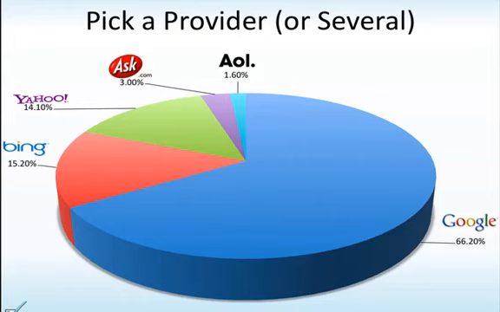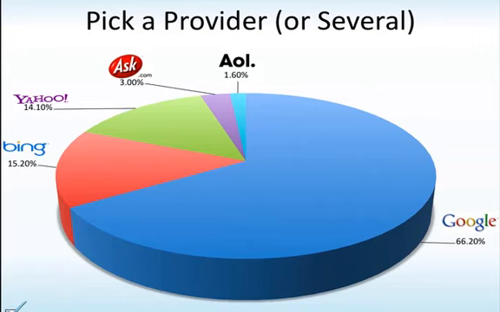So you can start with just one, or you can go with all three or all five of them. But keep in mind that all these networks are going to use different algorithms, even though for a couple of years now, Yahoo has been using Bing. So if you're using one strategy for Google, for example, that works really well, it might not work for Bing. So please do keep that in mind.